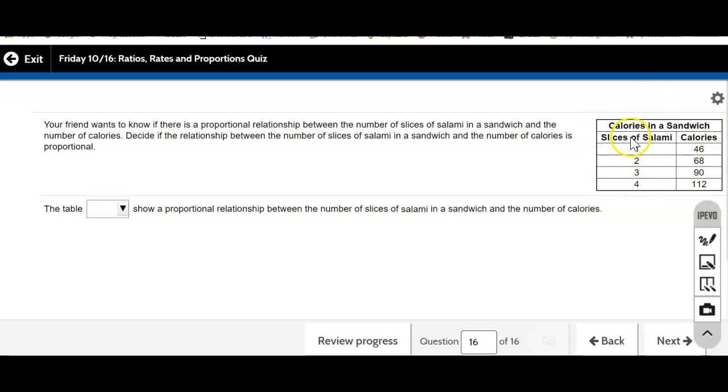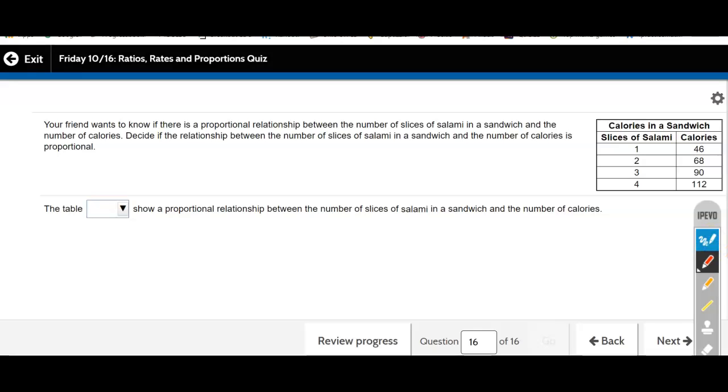The number of slices of salami to calories. How do I know if it is a proportion? Divide them. Do you want to set them up as 1 over 46 or 46 over 1? 46 over 1 is the proper way, right? Because you should put y over x. So we're going to go 46 over 1. And then what is 68 over 2?